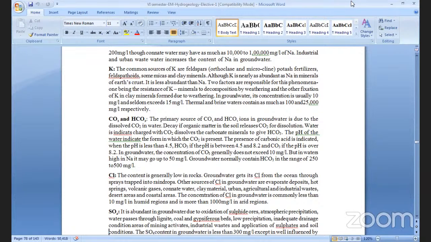And then what about the pH here? HCO3 is present in the pH range of 4.5 to 8.2.